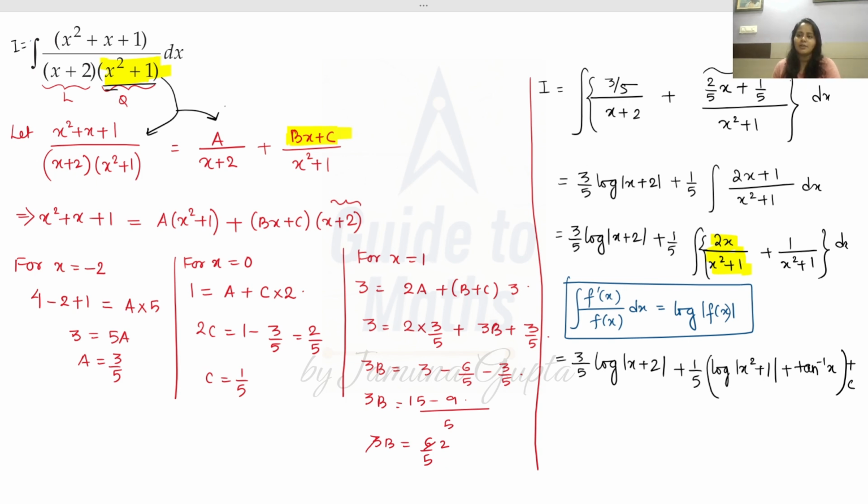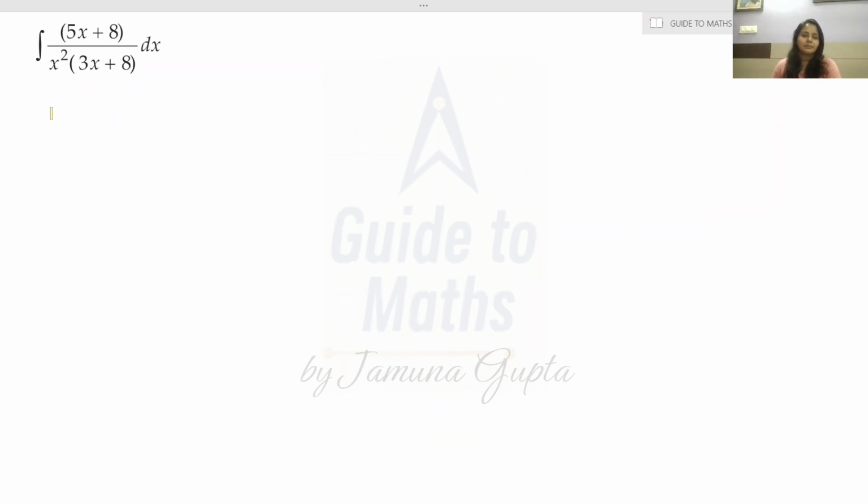Let's do one more question. Now in this one, if you see, this can be done normally, like what you usually do, you can take that denominator x square as a quadratic factor, like the previous one.